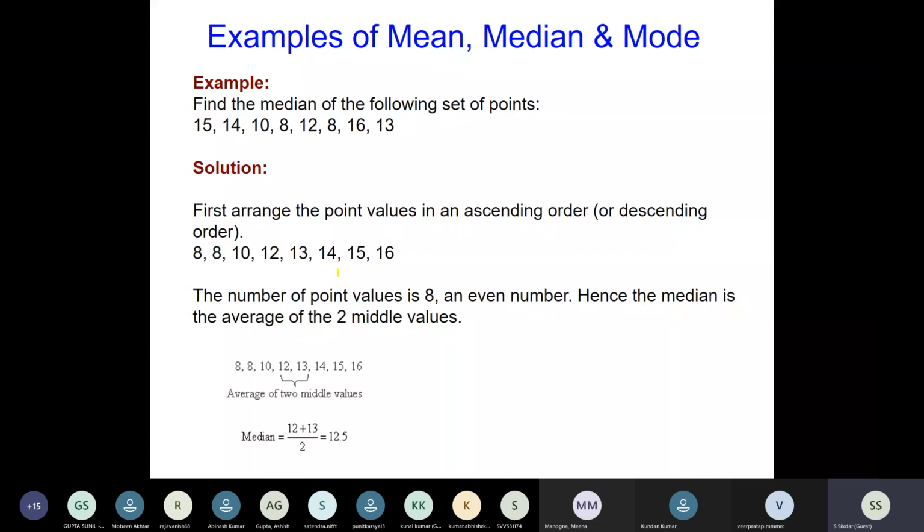So you have to be careful about what you are doing. Here it is 12 and 13, and you take the average of them, which gives 12.5, and that is the median. This is an easy task, but you have to be a little bit careful.